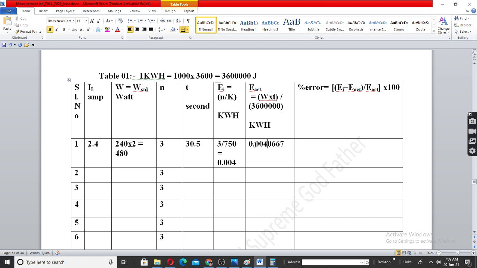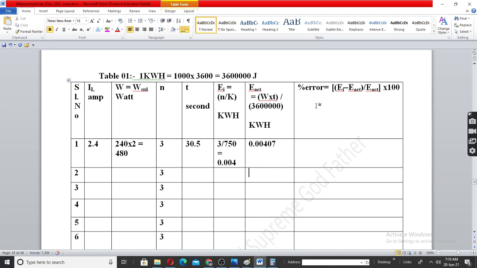So 0.0040667, where 6666 means you have to make it 7. So you can write 0.004067, or 0.00407 at least.